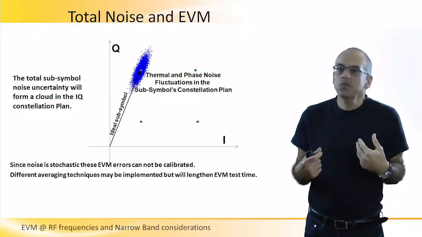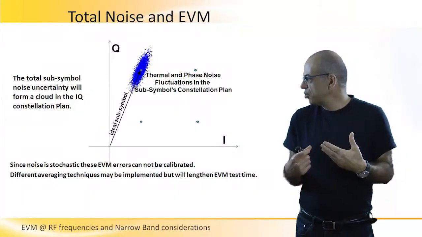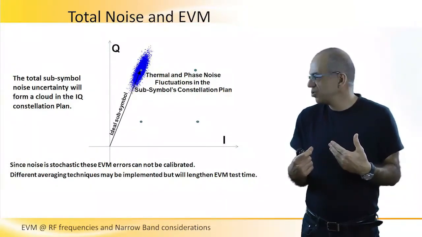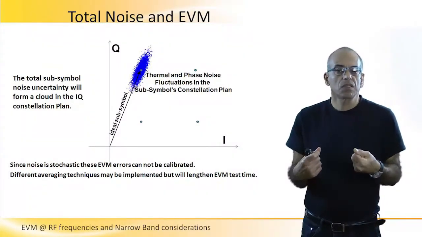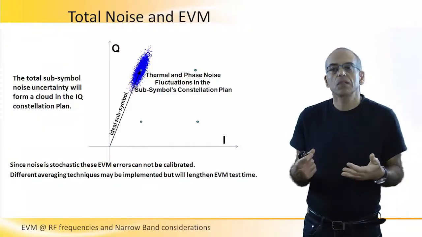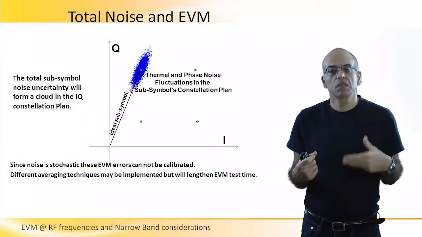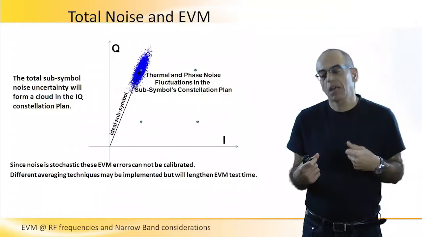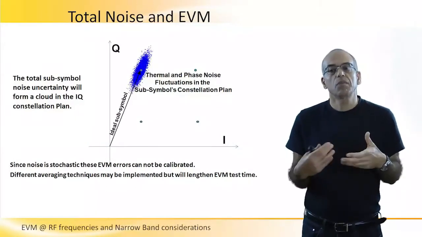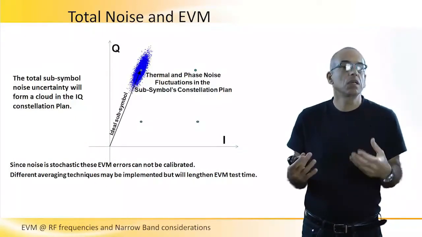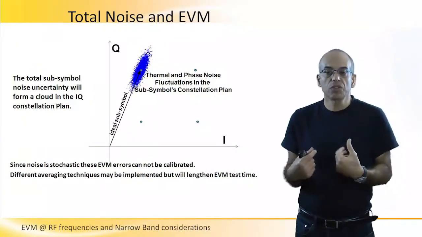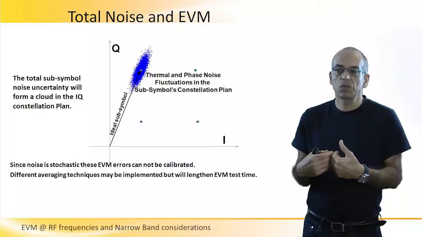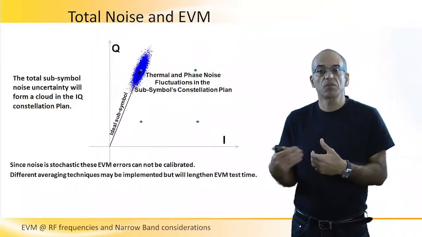What we could do when we measure and we want to reduce this uncertainty is average. So we can take the measurement a couple of times, many times, and make an average that will reduce the uncertainty. However, when we do that, it will lengthen the EVM test time.